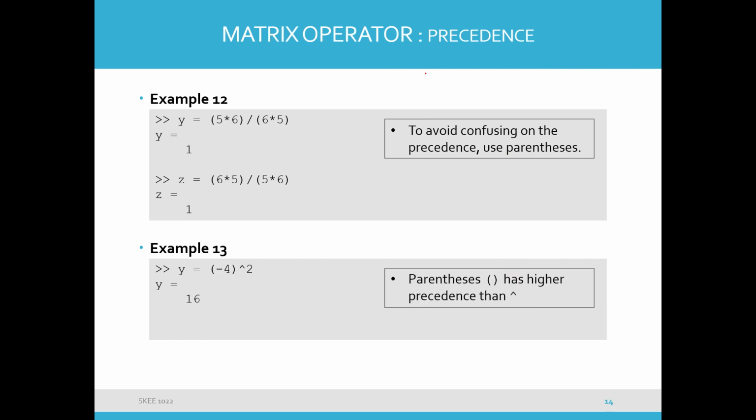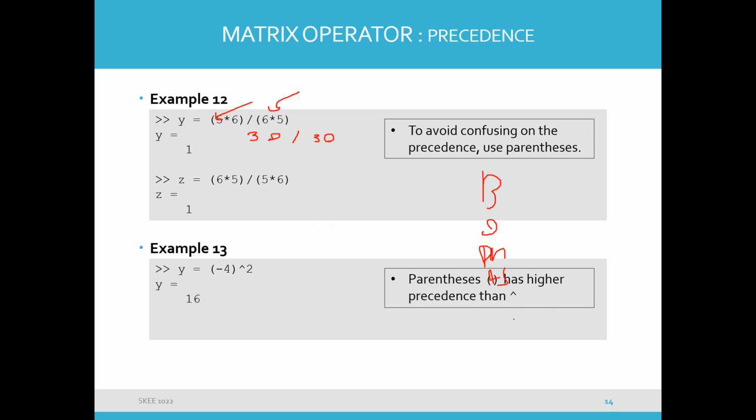Of course, remember B, O, D, M, A, S. So bracket first, you solve the bracket first, and then you solve the division, because you have a bracket inside here. So 5 times 6 is 30, and then you do the division, you get 1. Same here, you have to solve the bracket first, and then DM.